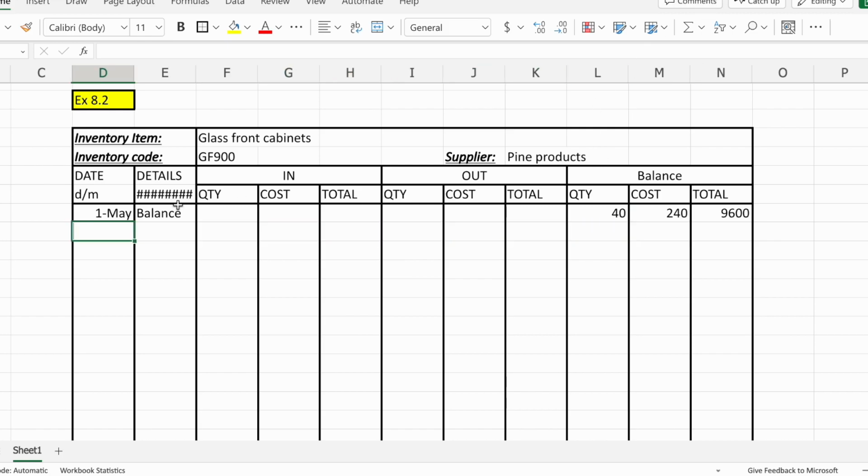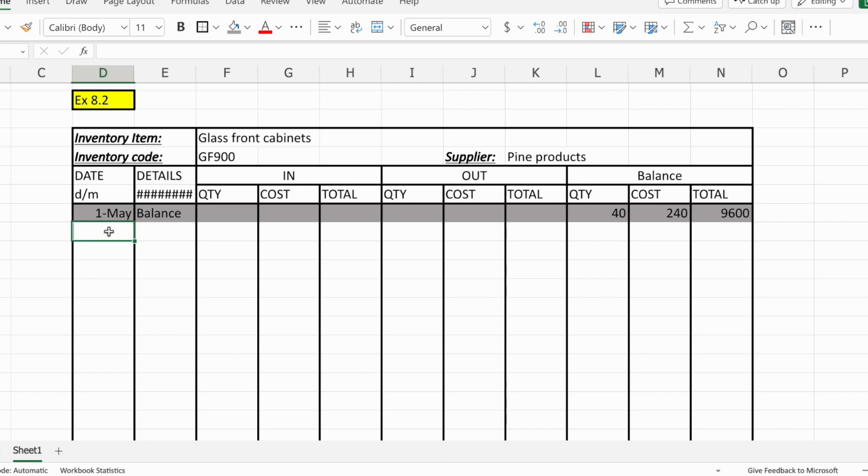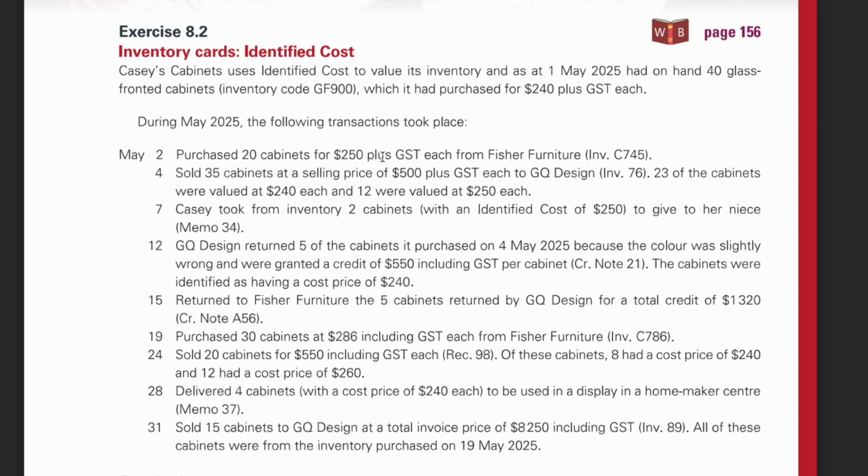That's for the first, and to distinguish between each individual effect, we will shade this. Now for the 2nd of May, we have purchased 20 cabinets for $250 plus GST each from Fisher Furniture, and we're given a source document, an invoice.